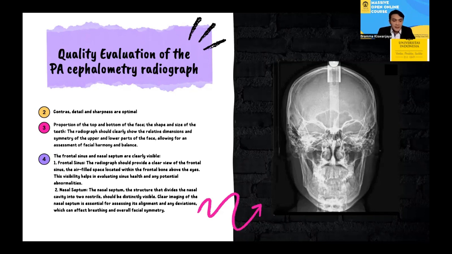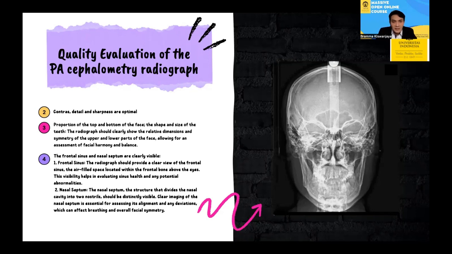Our next focus will be on assessing the visibility of the frontal sinus and nasal septum. Frontal sinus: the radiograph should provide a clear view of the frontal sinus, the air-filled space located within the frontal bone above the eyes. This visibility helps in evaluating sinus health and any potential abnormalities.